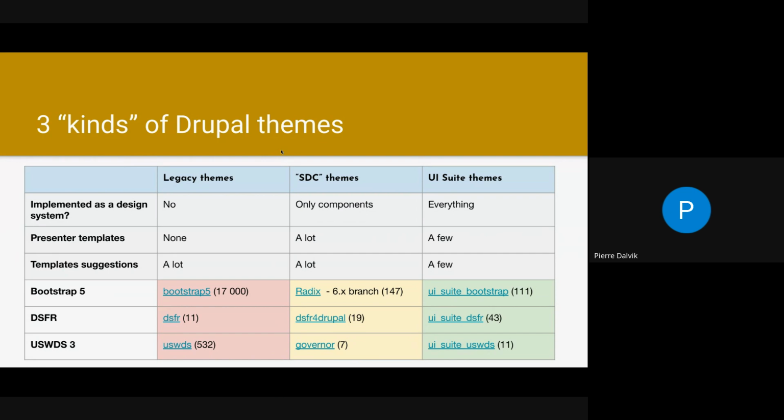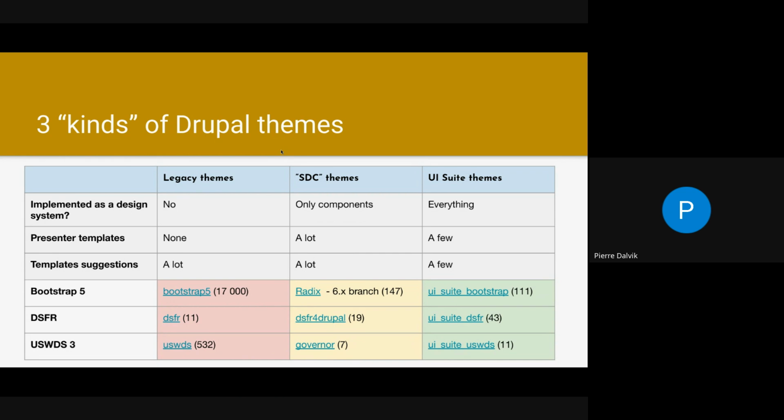They don't use presenter templates, of course, because there are no components. And they use a lot of template suggestions because they do the design implementation in the templates. So, you know, node--article--teaser, field--, I don't know, string--something, this kind of stuff.